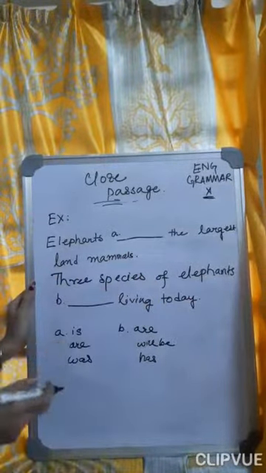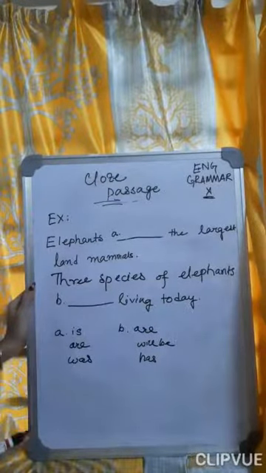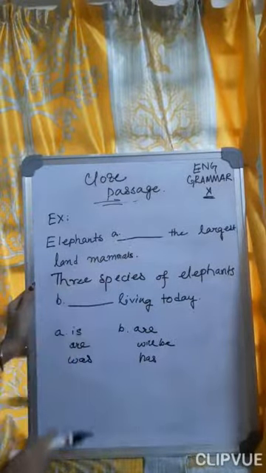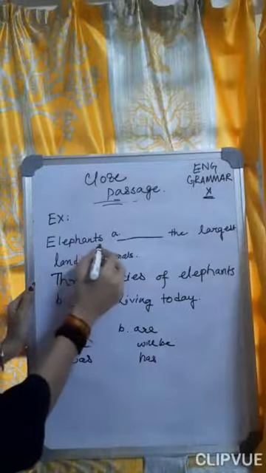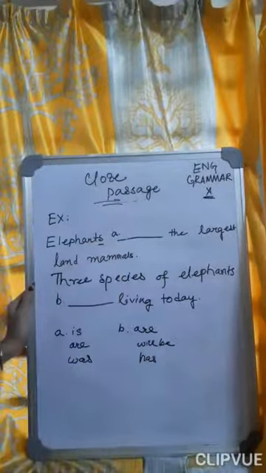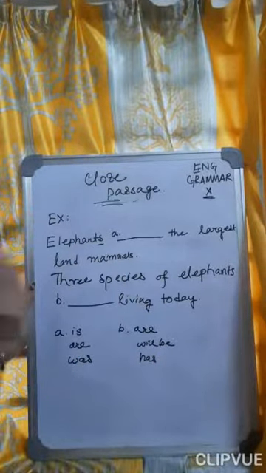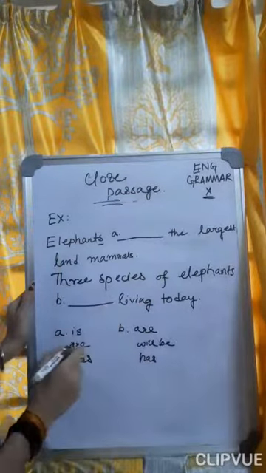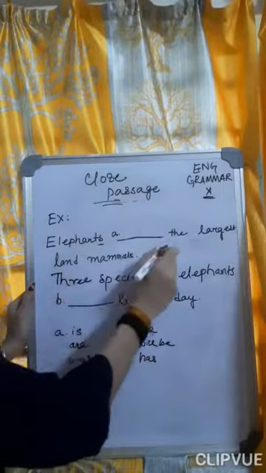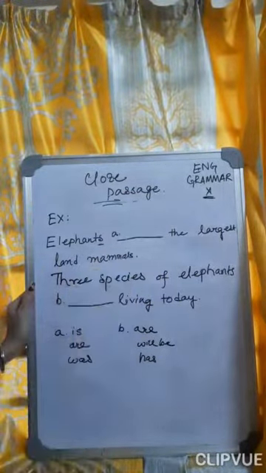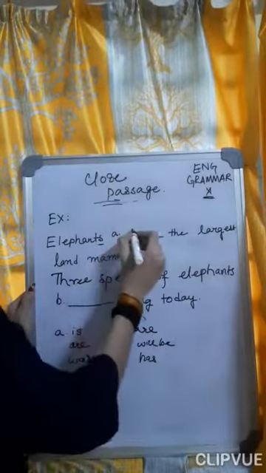In A, first insert the first option, is. Elephants is. Do you think it will go? No, because elephants is plural. Next is are. Elephants are the largest land mammals. So are is completely suitable over here.